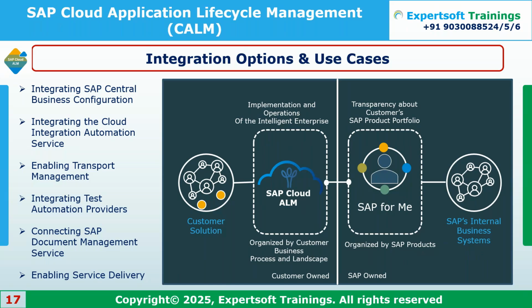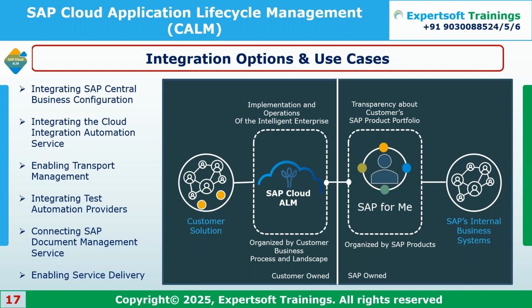And there are another two modules, which are the service and administration, which are specific to the administrators. But the main core three modules are the implementation, operations, and the change deployment. These are the three core areas that Cloud ALM offers, and the other two are the service and the administration part.